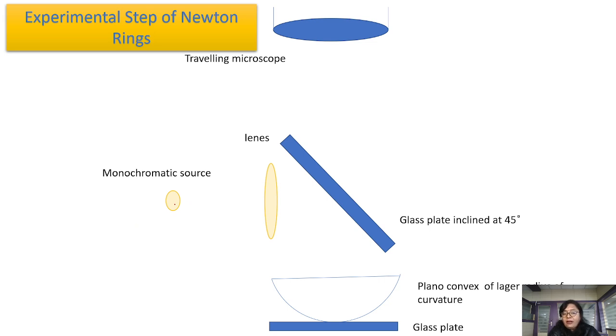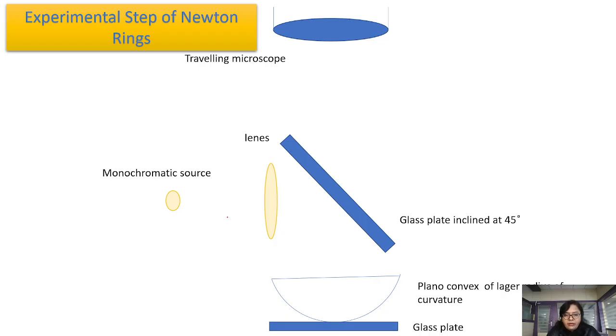If we want to incident light at 90 degrees over this assembly, then this glass plate helps us to make this angle.